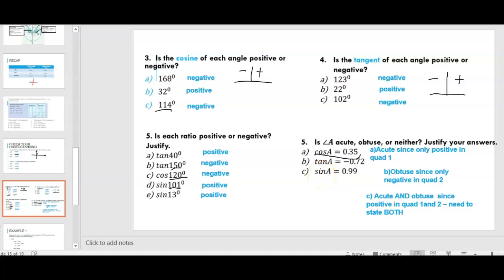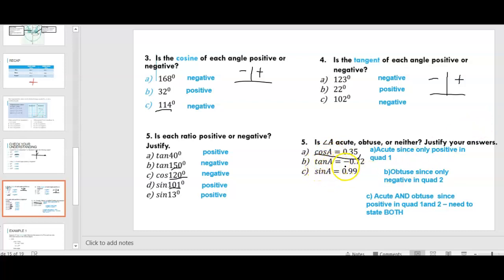And by neither we mean it is greater than 180 degrees. All right, cosine of angle A equals 0.35. Now, cosine is positive on the first quadrant. Therefore, angle A must be an acute angle, or must be in the first quadrant.